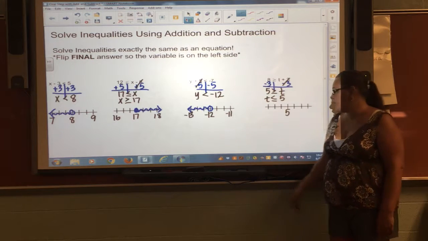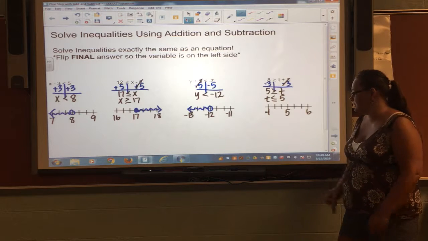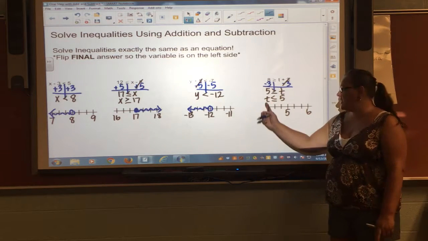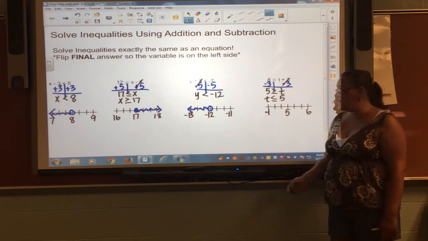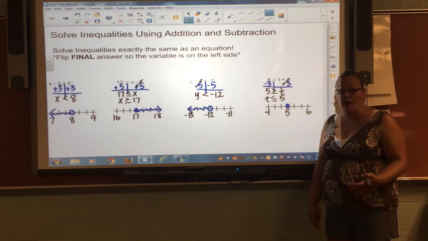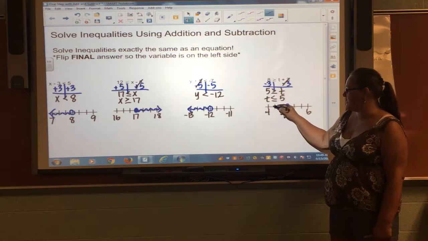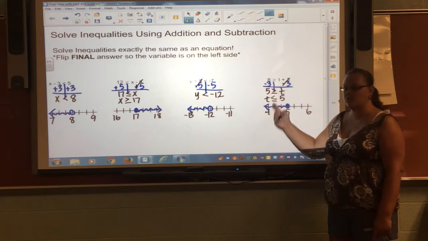So that's where we'll start counting with 4, 5, 6. And ask yourself a question. Is 5 less than or equal to 5? The answer is yes. So that means that that dot needs to be shaded in because 5 is a solution. And then we shade the way the arrow is pointing, which is down, and we end with our inequality sign, should be the same.